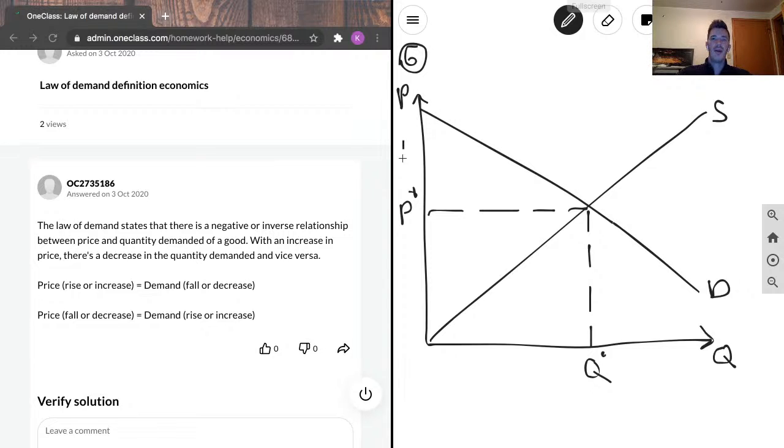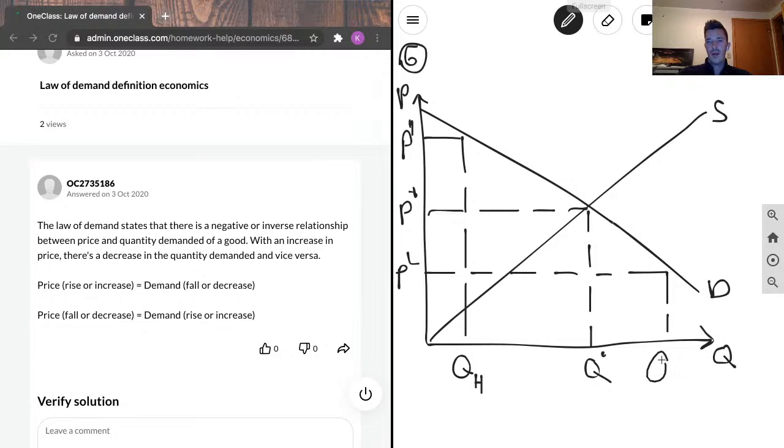Now, when we have a very high price, I'll call this PH for P high, we see, if we draw over to the demand curve, then draw down to the x-axis, that at a high price, people do not demand a lot of the good because they don't want to pay a lot for it. Similarly, at a low price, PL here, if we again draw over to the demand curve, you can see when the price of something is low, there is going to be a large amount of demand for it. Denote that QL.